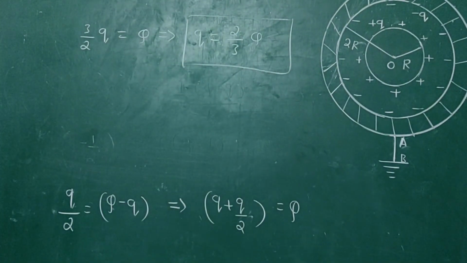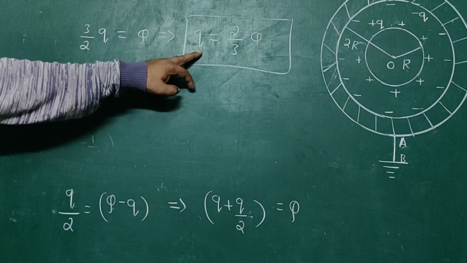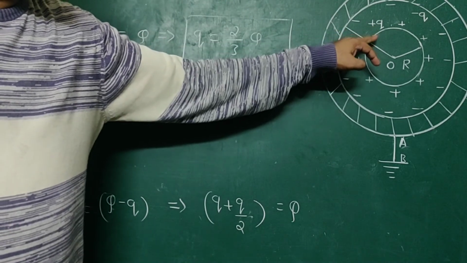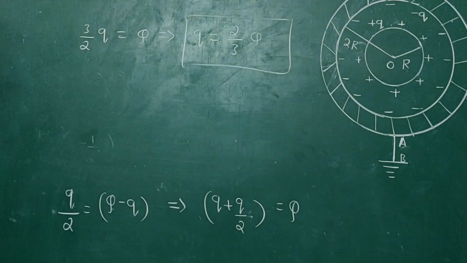Here small q is the charge produced on the surface of the inner sphere of radius r.